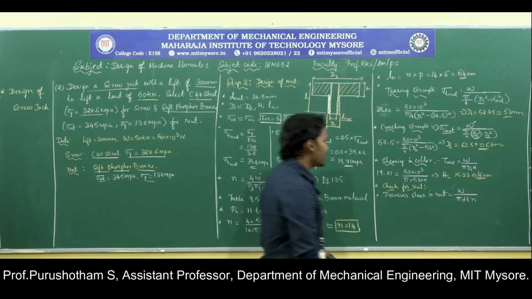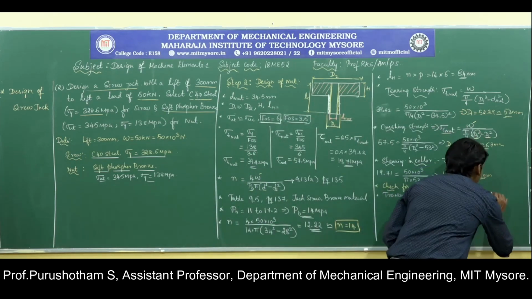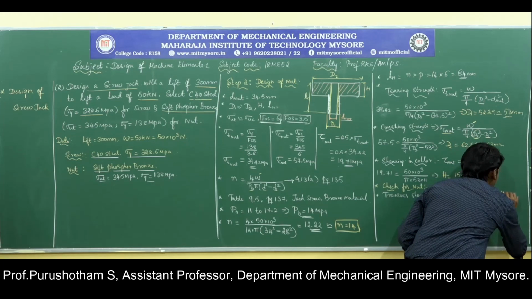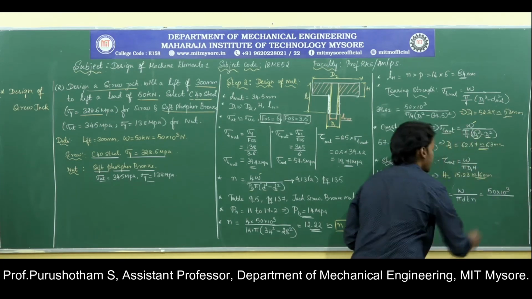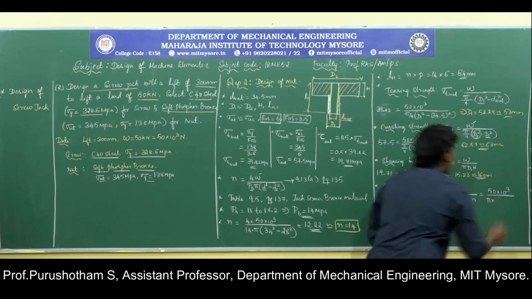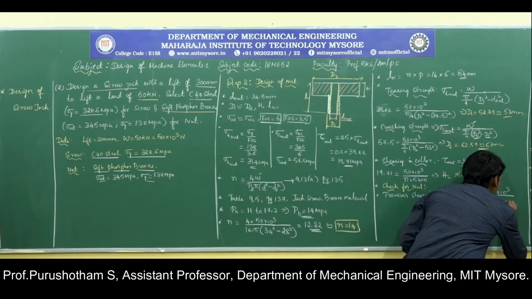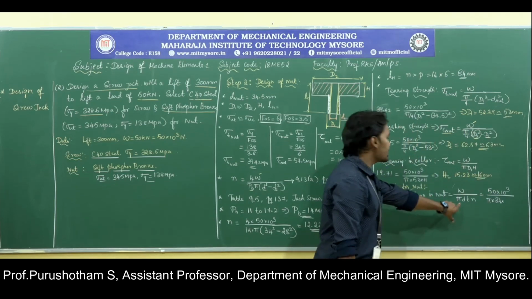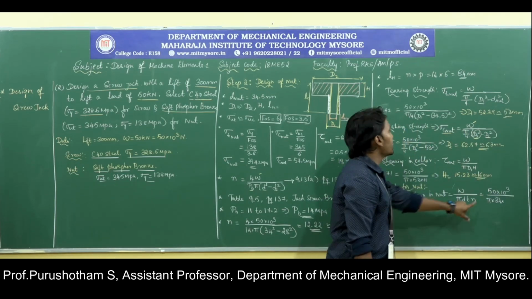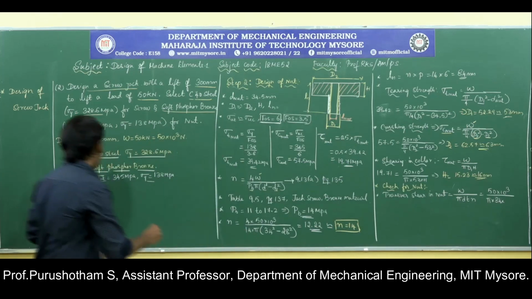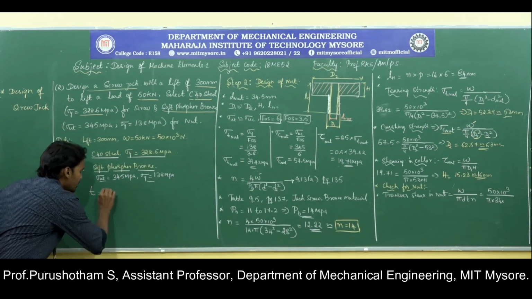W is 50 into 10 power 3, d is the major diameter of the screw, that is 34, and t is the thickness of the thread, which is given by pitch by 2.